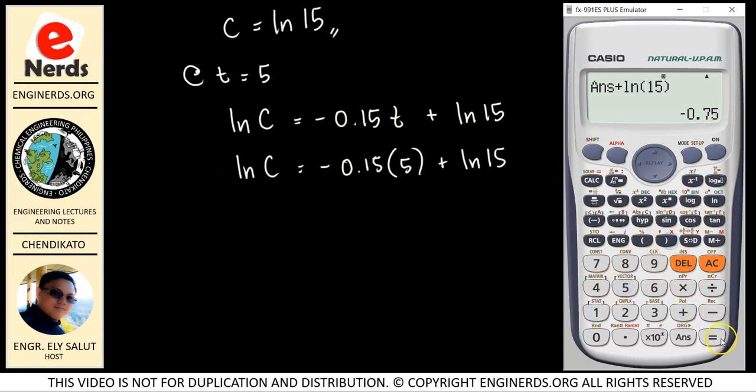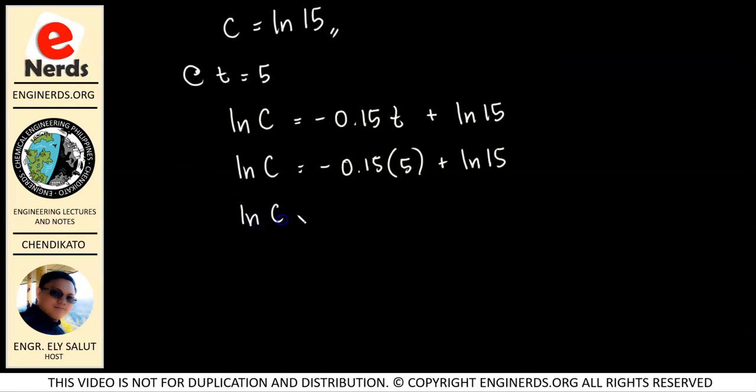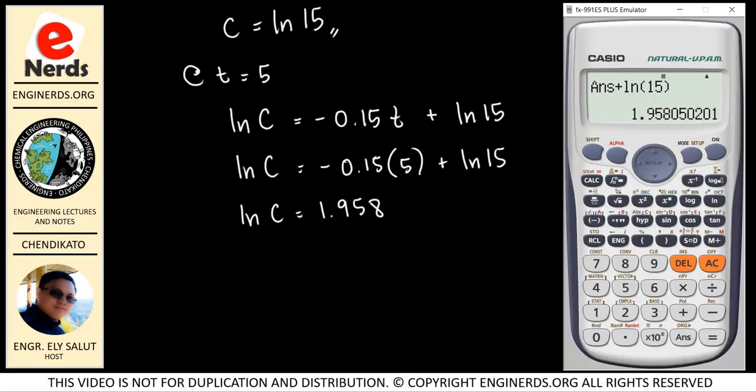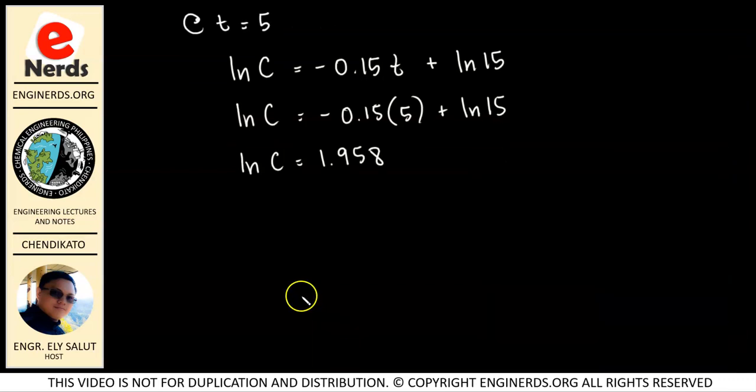Okay, so we have 1.958. So we have ln C is equal to 1.958. Okay, so in order to get the value of C, we are going to apply our property for natural logarithm.